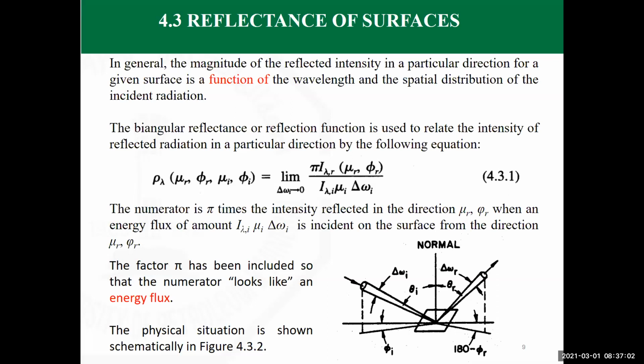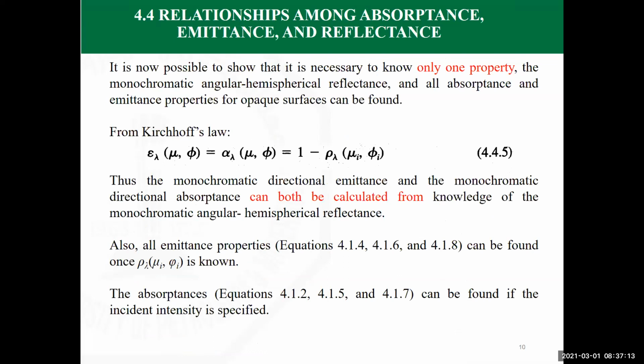So basically, what we are interested in here is both of these two properties, the absorptance and the reflectivity. And this is why we are exposed to this relation. It is a key relation for this chapter: the value of the emissivity is equal to the absorptance according to Kirchhoff's law, and both of them are equal to 1 minus the reflectivity.